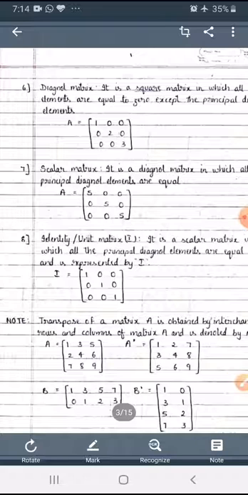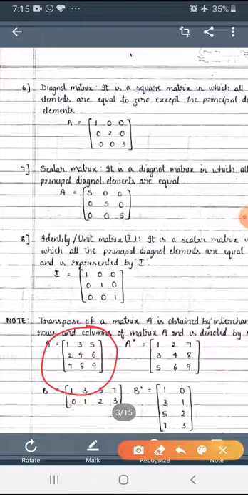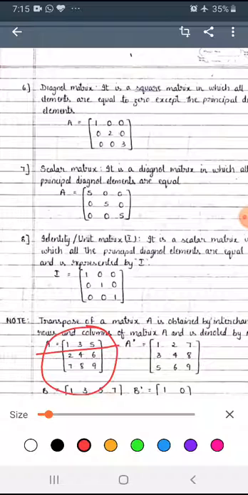And the transpose of a matrix. Transpose means interchange. What do we interchange here? The number of rows is interchanged with the number of columns. See here, one example: A equals 1 3 5, 2 4 6, 7 8 9. Here 1 3 5 is the first row.